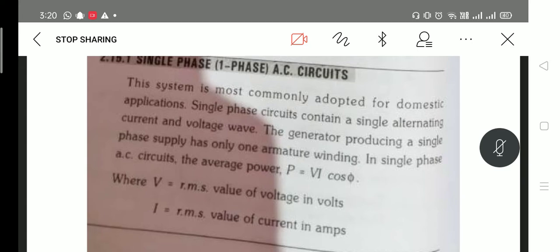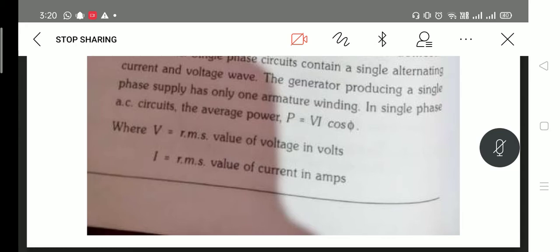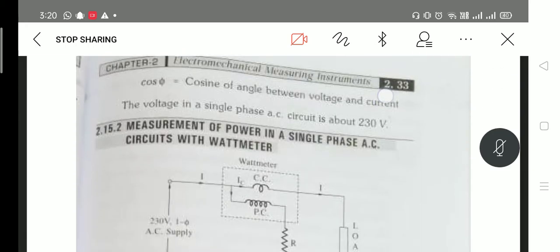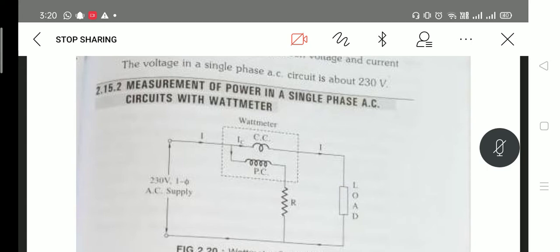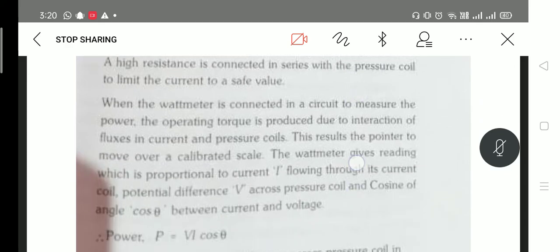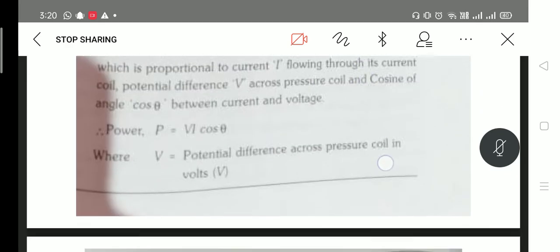Your textbook does not give the derivation, but I explained it in the previous class. This one also we discussed, measurement of power: P is equal to VI cos phi.